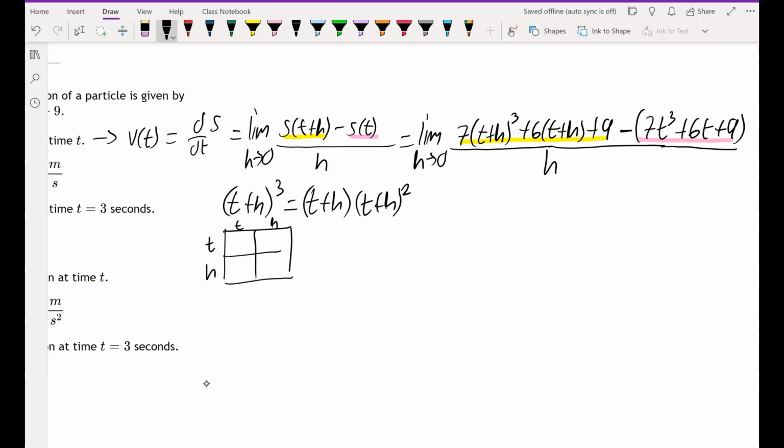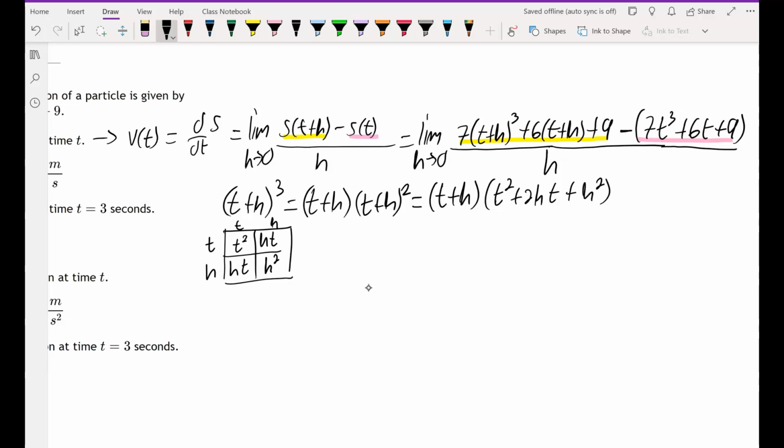Okay, so the perfect square formula will tell you that t plus h squared is t squared plus 2ht plus h squared, which is the same thing that we get from just finding the areas of each individual square, where one side is length t, some of them is length h, or they're technically rectangles at some points. Okay, so we have t plus h times t squared plus 2ht plus h squared.